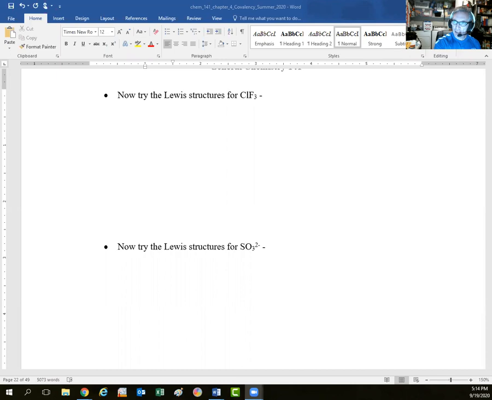So we were looking at drawing our Lewis structures, and we had said that we sometimes have these molecules with hypervalent central atoms. And those hypervalent elements break the octet rule. There were three hypervalent elements that we were looking at right next to each other in the periodic table.